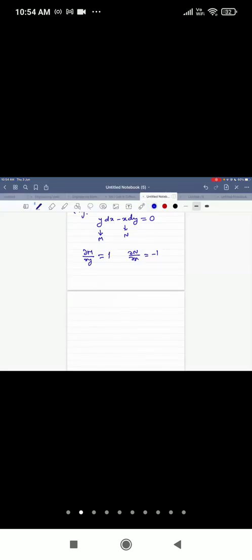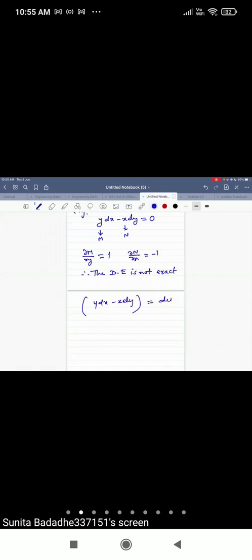Right, so now the differential equation is not exact. But see, if I do one change, I can make it exact. Now, what is the meaning of exact? It means you can write it as d of something. Here I have y dx minus x dy, and I want to write it as the derivative of something.